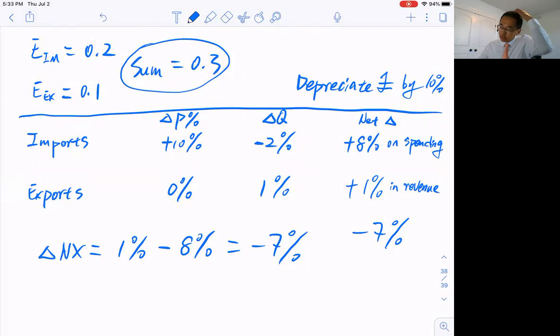Your book has a table listing the price elasticities of demand for imports versus exports for different countries. You can see that for the U.S., for example, we're very dependent on imports. We have a 0.3 elasticity, but we are very elastic on exports. It's 1.5. So overall, it's 1.8. That means if we were to depreciate the dollar, we could improve our trade balance.